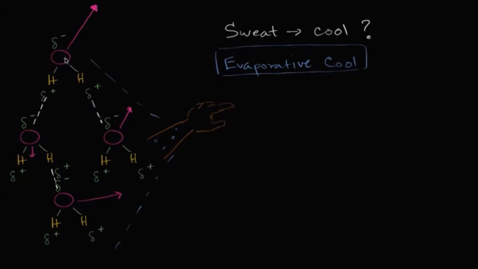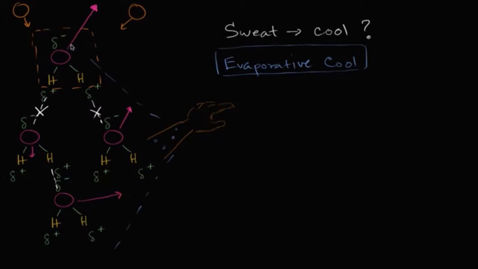If they're near the surface and their kinetic energy is high enough to break the hydrogen bonds with neighboring water molecules and overcome the pressure in the atmosphere, let's say these are just gas molecules in the atmosphere here, and it's enough to break free and none of these things bounce into it and force it back to form hydrogen bonds, this molecule could actually break free and become water vapor, in its gaseous state. It'll be so far apart from other water molecules that it won't form hydrogen bonds anymore.